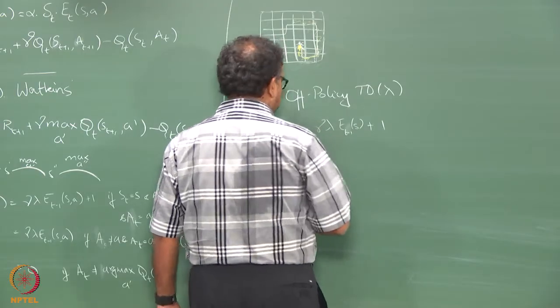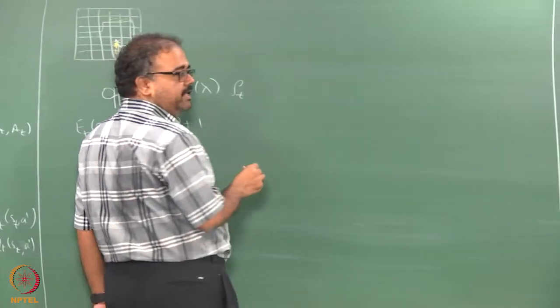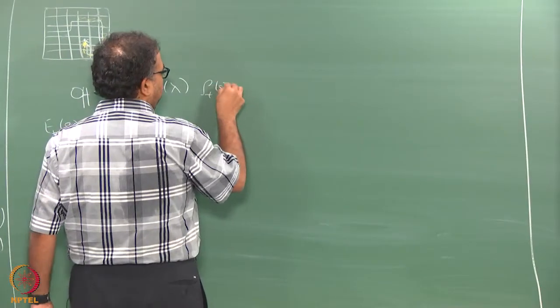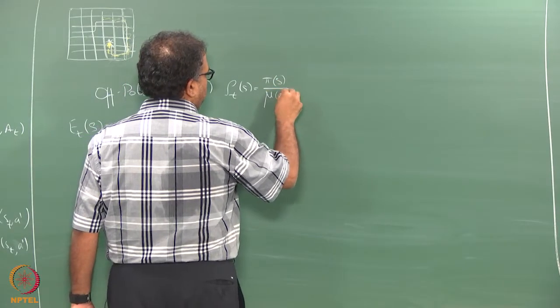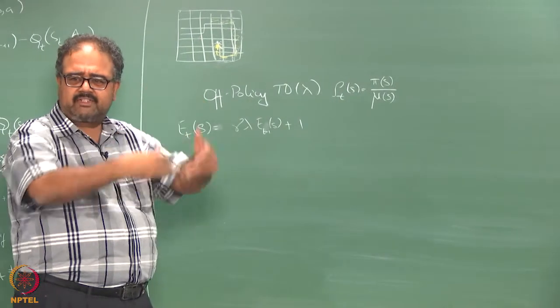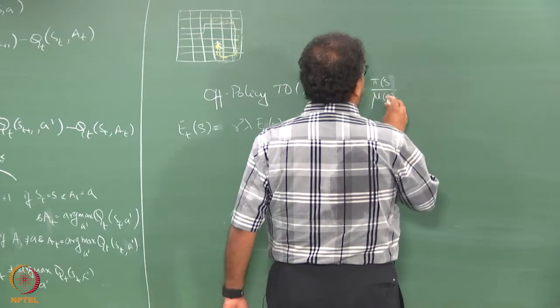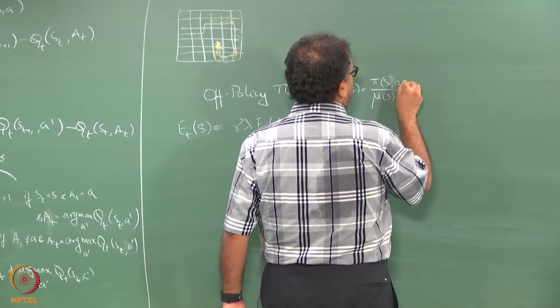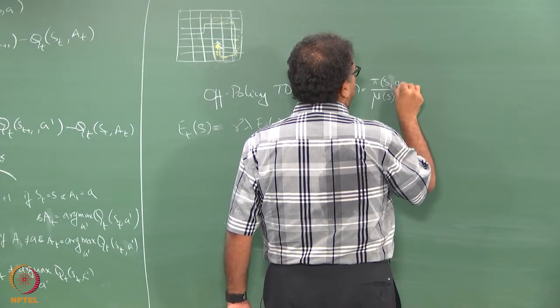So let me define something that makes my life a little simpler. I am going to define rho t of S as, right, whatever, the pi S of whatever action I took at that time. Yeah, that is a good point.